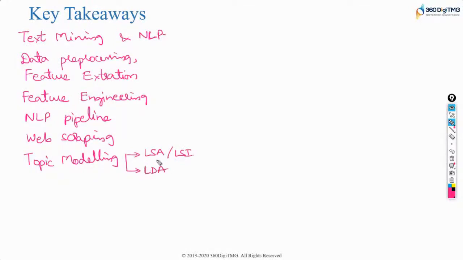LDA is preferred over LSA, but LSA is still majorly used in search engine optimization, if you know about digital marketing. And then we have vector representation of the data. We have text summarization.